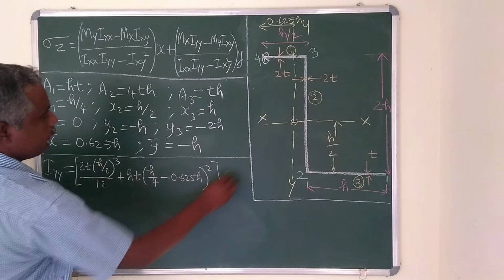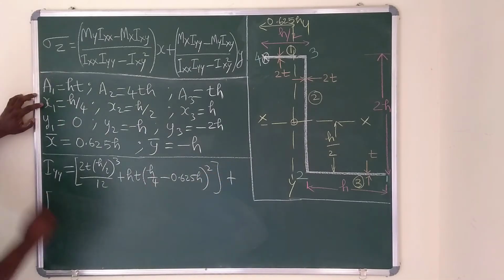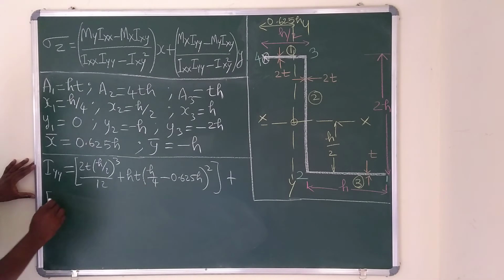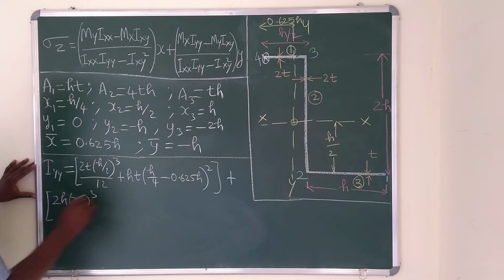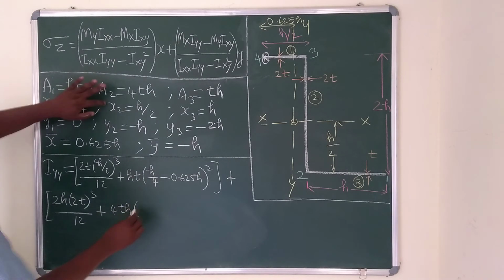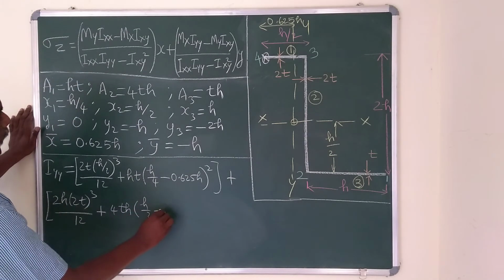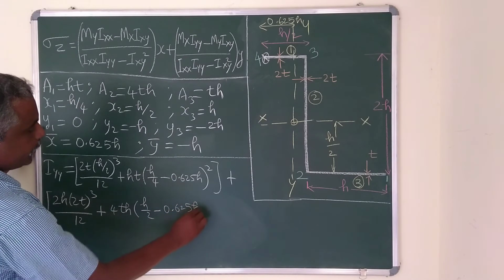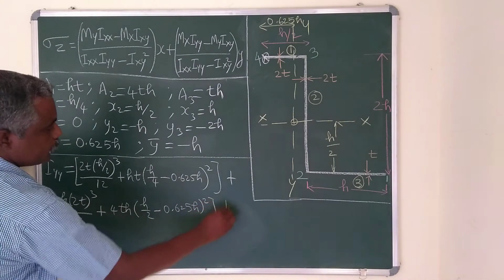the whole square. Plus section 2, db cube by 12, 2h into (2t) whole cube by 12, plus area A2 into (x2 minus x bar) the whole square.